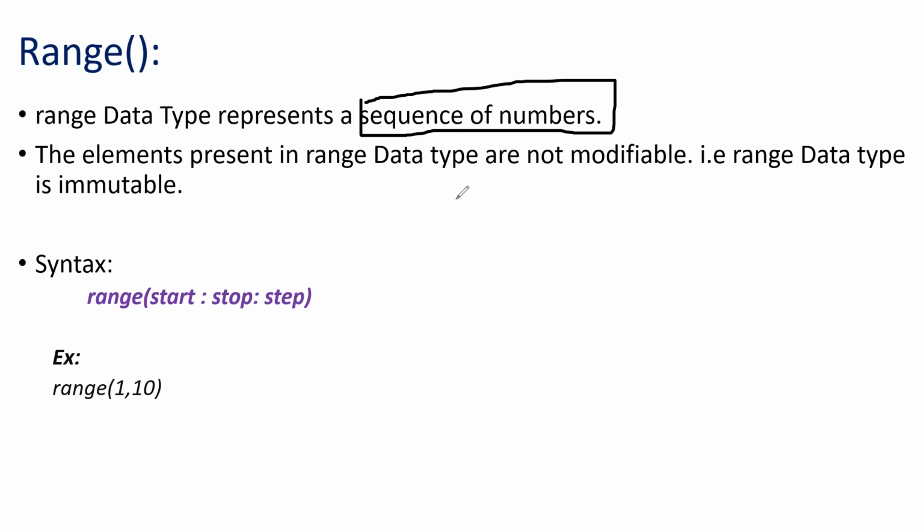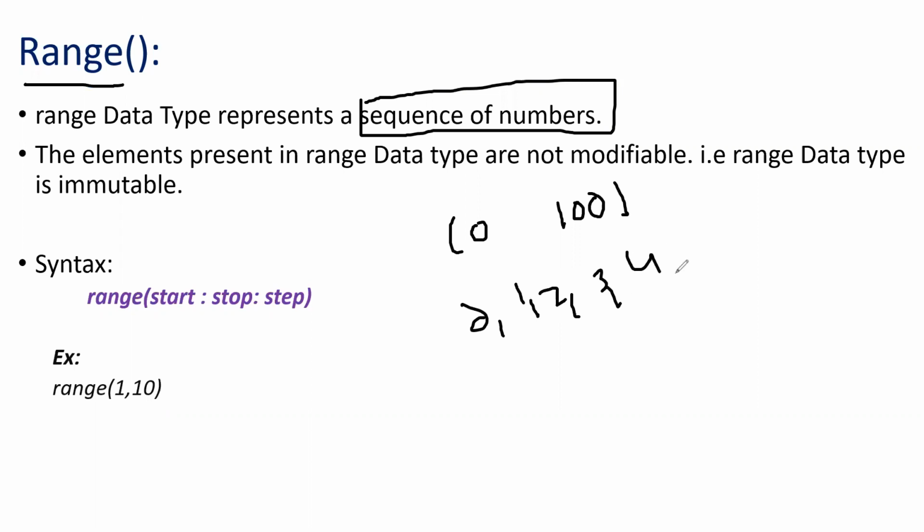Simply, if I want the numbers 0 to 100, the range function will give the output 0, 1, 2, 3, 4, 5 up to 99. Up to 99 because it is n minus 1, so 100 minus 1 is nothing but 99. It will give the values 0 to 99.